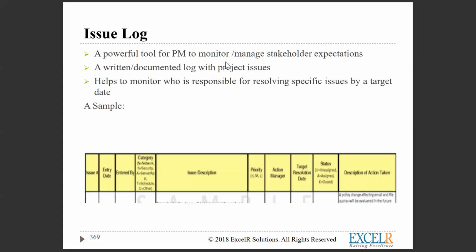This is how an issue log looks. So issue, then entry and issue date. You can mention who has created the issue, type, entered by, and then category of the issue, description of the issue, priority, action, what action you have taken, and when you are going to resolve this issue, and what is the status as on date.